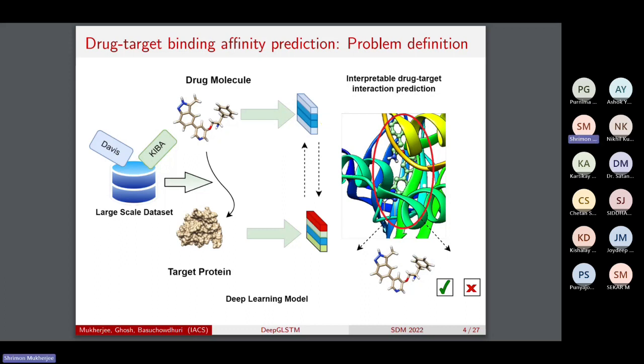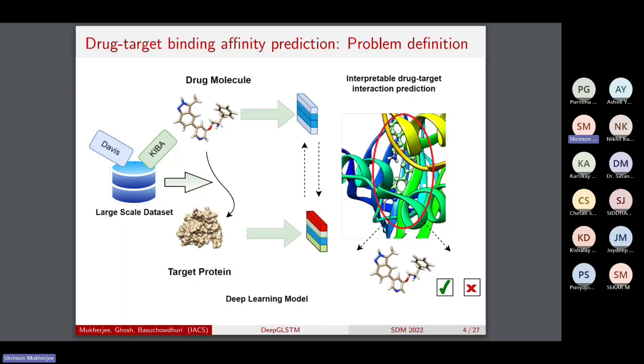The drug repurposing problem typically deals with drug target binding affinity prediction. So what is drug target binding affinity prediction? It is a problem where we take the drug molecules and their corresponding target protein and find whether this drug molecule can bind with this target protein or not.